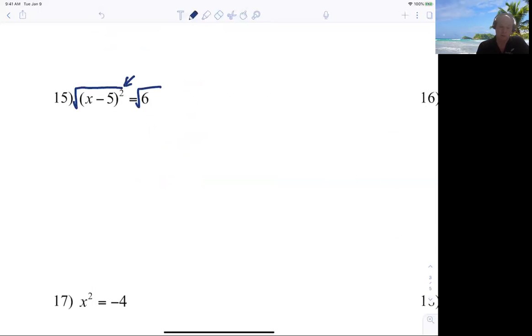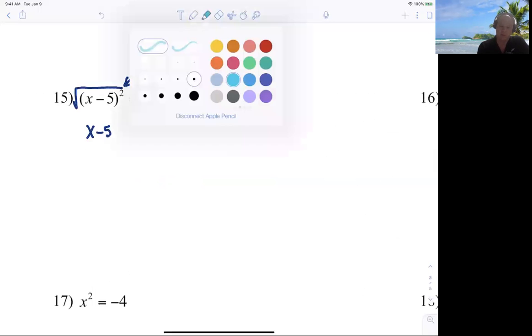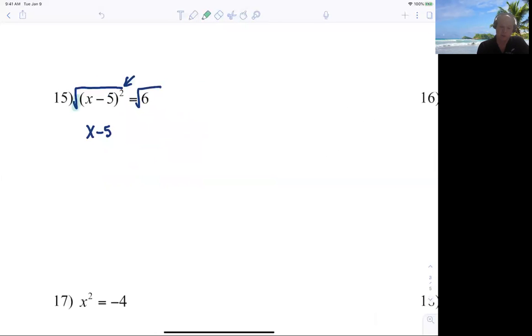So with that, we're going to do x minus 5. Now, let me just refresh you. A square root and a square cancel each other out. Remember, when you take the square root of a variable, the most important part to remember, and everyone forgets, is that it's always a plus or minus.